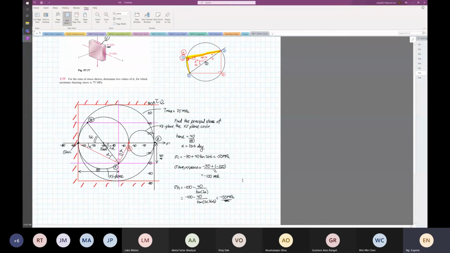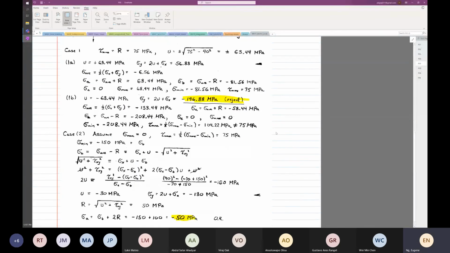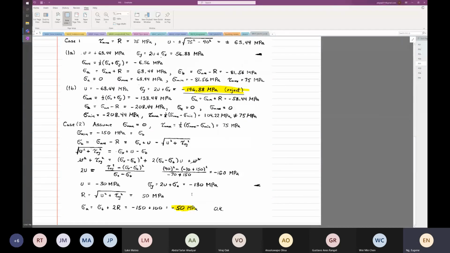If I go back and show you their solution, this is their solution. The answer is also minus 130 megapascal over here. They calculate the 50, which you have calculated before. That is the rules of the circle that they've applied. We just draw it out.